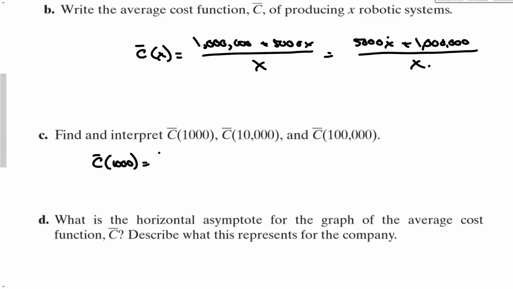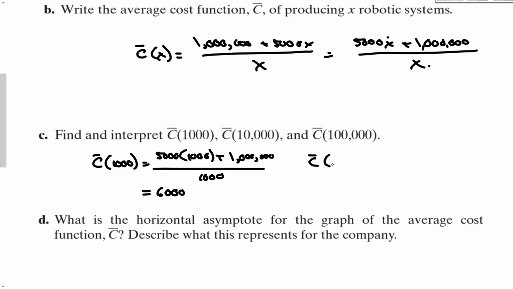And I get 5,000 times 1,000 plus a million over 1,000, which would give me 6,000. I'm not going to write the other two out, but C bar of 10,000 gives me, and you can calculate this if you want, 5,100.